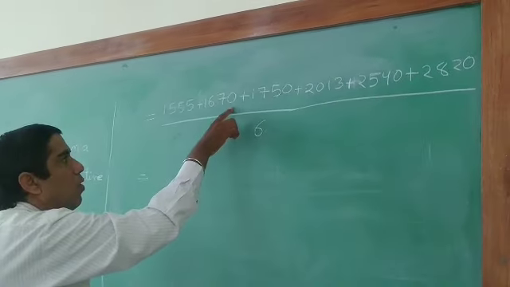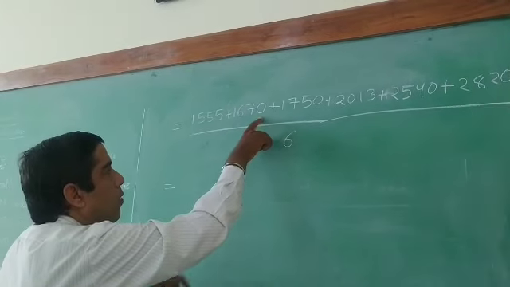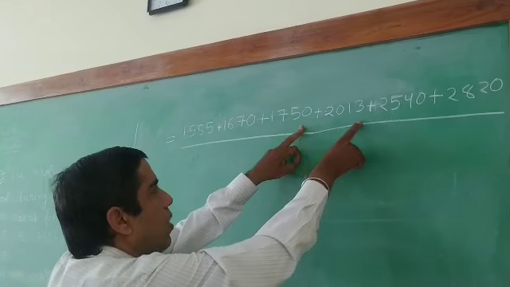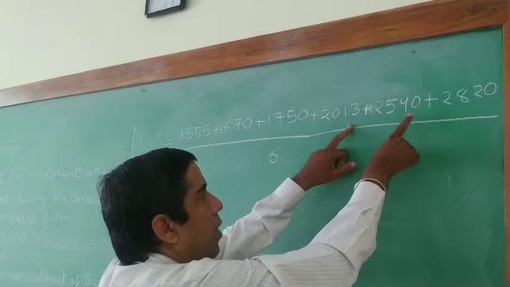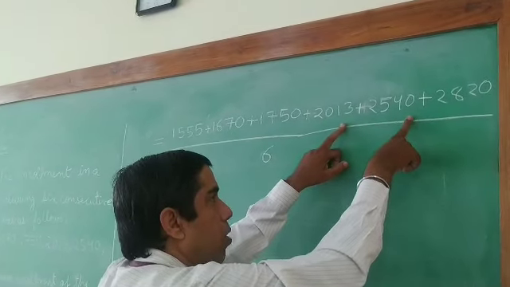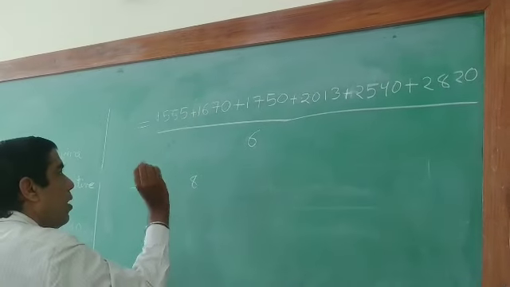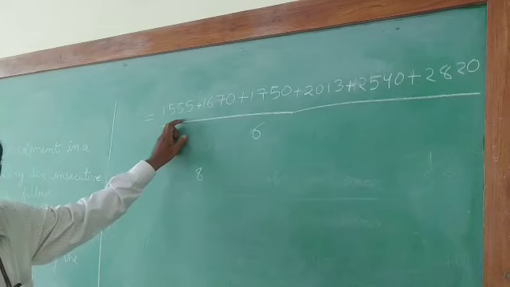5 plus 0, 5, and here comes 5. 5 plus 0 again 5, and 5 plus 3, 8. 8 plus 0, 8 only, and again 0 here, so it is 8. So it comes here 8. Now we are starting from the tens place.